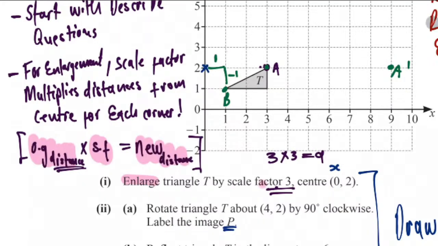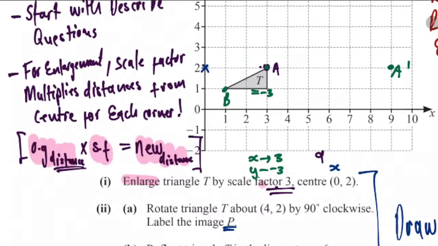So we take this 1 in the x and multiply by the scale factor, which is 3. So we now get 3. Then we take this negative 1 in the y, because we went one step downwards, multiply by 3, and we get negative 3. So that means it's now 3 in the x, then negative 3 in the y.